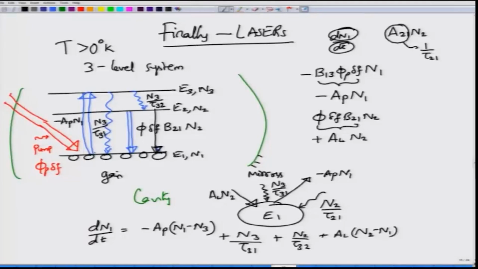So what is the contribution of the absorption? Because some photons can be absorbed, reabsorbed to make atoms go from E3 to E1, the actual change will be, instead of N1, N1 minus N3 times AP.